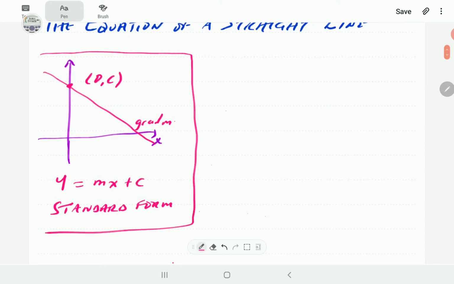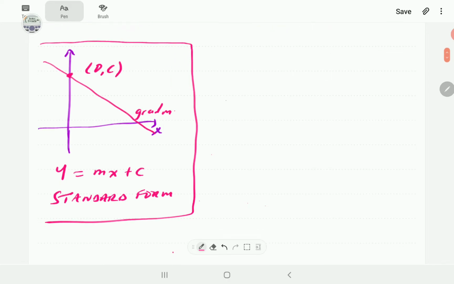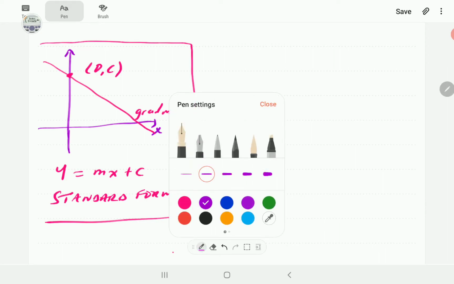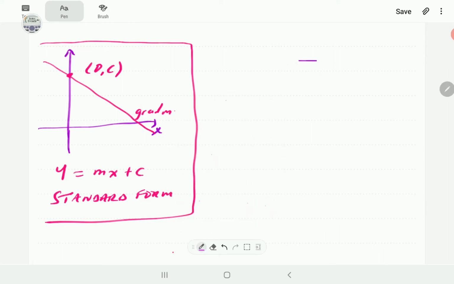Most people that have had any study of straight lines will know that form, y equals mx plus c.